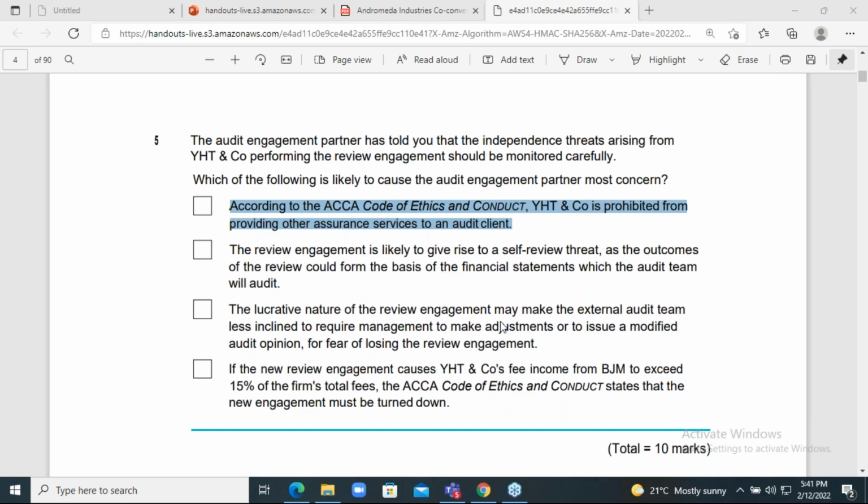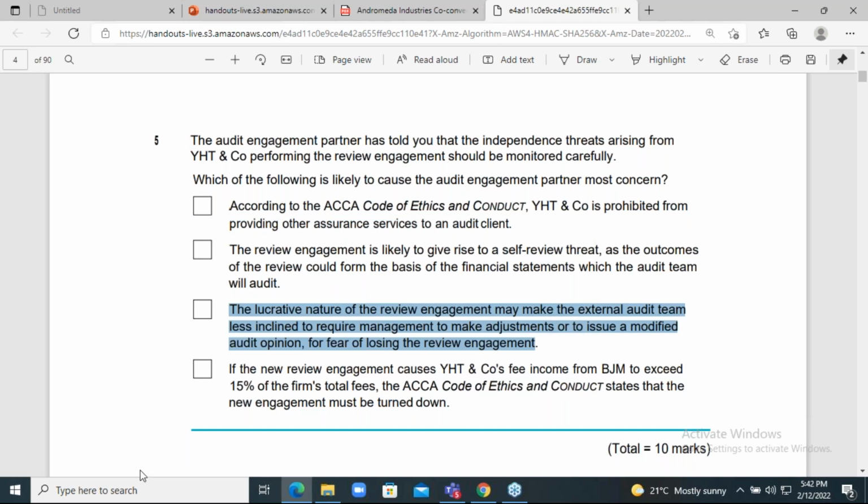Okay. Many of the students have said that option C is incorrect. Dear students, this is very important to understand. Now we are talking about option B, because many students, except Bilal, have said that option C is incorrect.